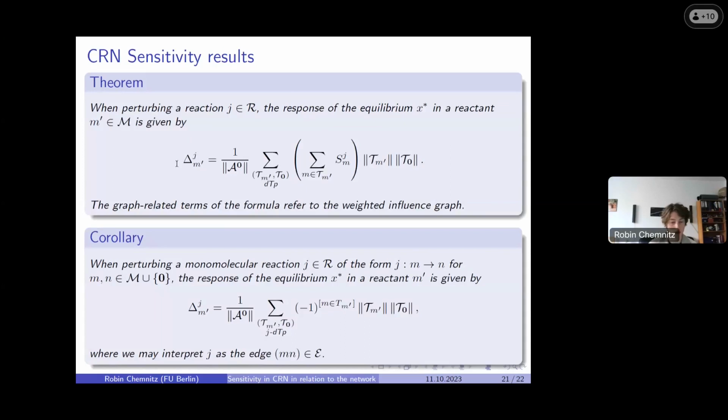I don't want to go too deeply into these formulas. It's just that you can do that. We have constructed a graph now, and we can determine the sensitivity when perturbing a reaction J in a target reactant M prime in terms of the graph structure of this influence graph. Here we have an A to the 0, which I didn't introduce before.